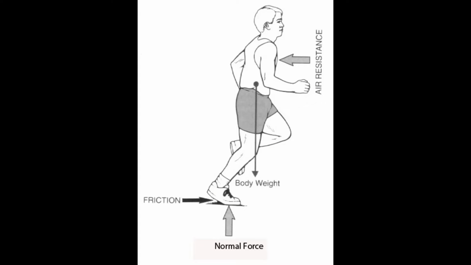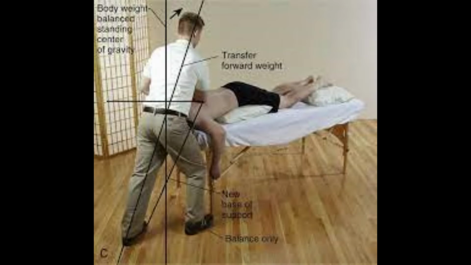A vector is the direction of the force. The magnitude of a vector is the result of the vertical and horizontal components of an applied force. Most massage application involves applying a force down, which is vertical, into the tissue, and then pushing forward or pulling back, horizontal.